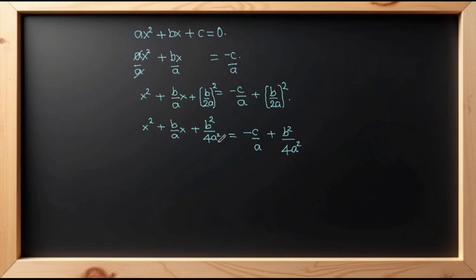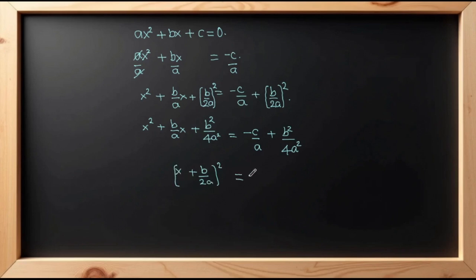Now we can complete the squares on the left hand side and we have x plus half of the coefficient, which is b over 2a. Then we close this bracket and we square.